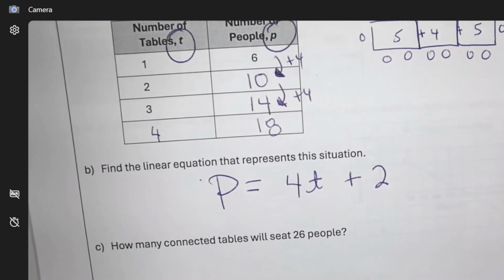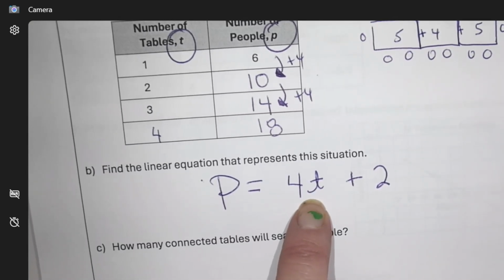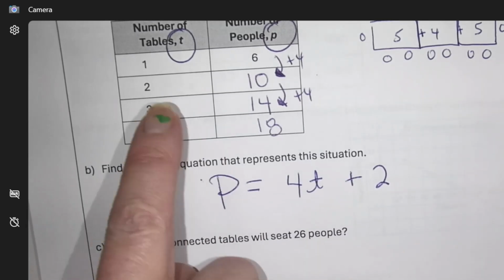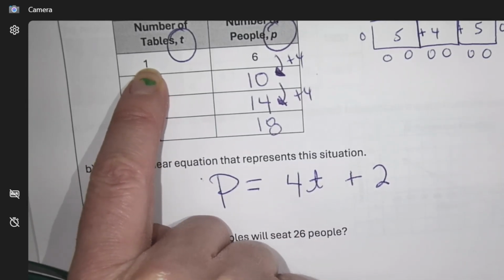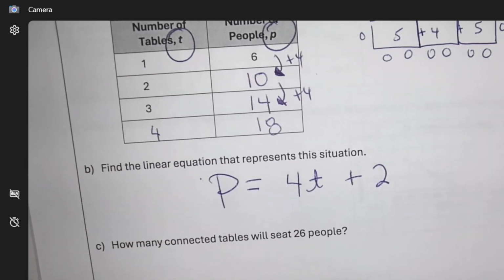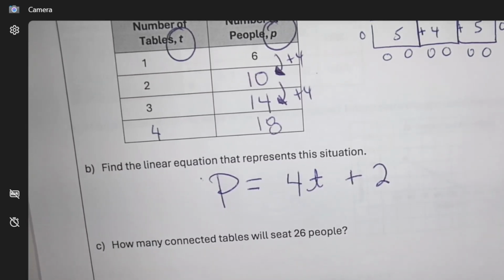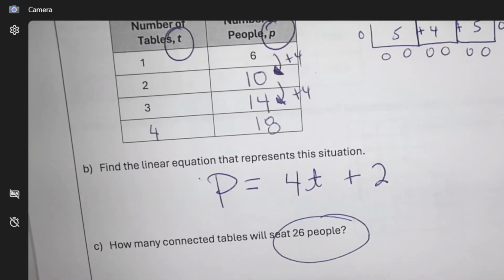I gotta get to 18. It should work into any position. So if I do it into the first, 4 times 1, 4. To get to 6, add 2. Works every time. Okay. How many connected tables will you need to fit 26 people?